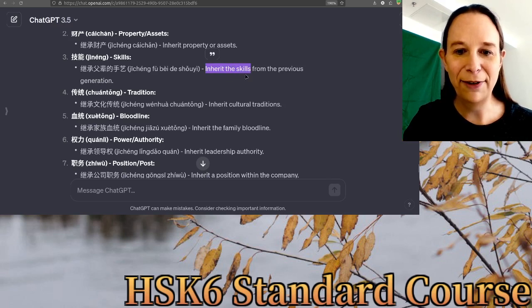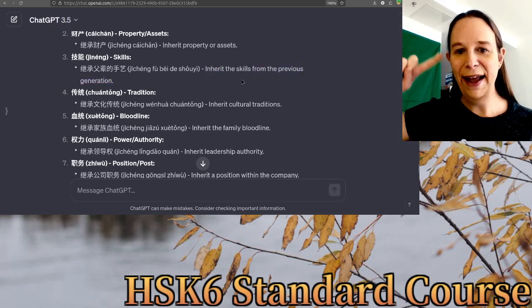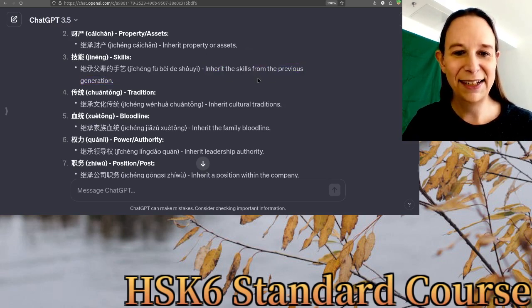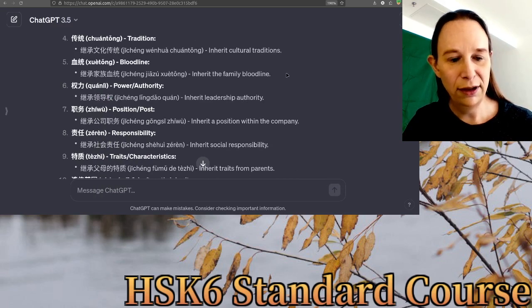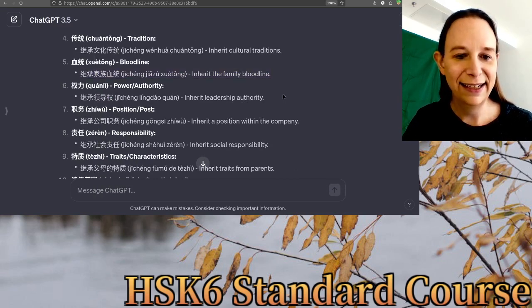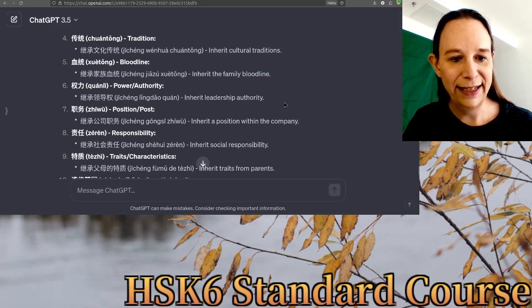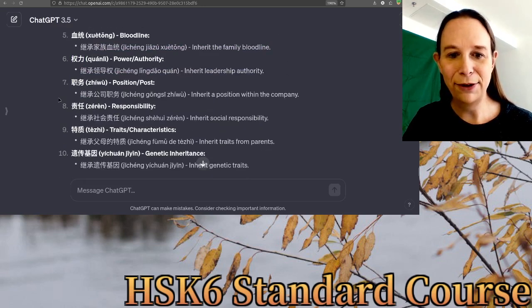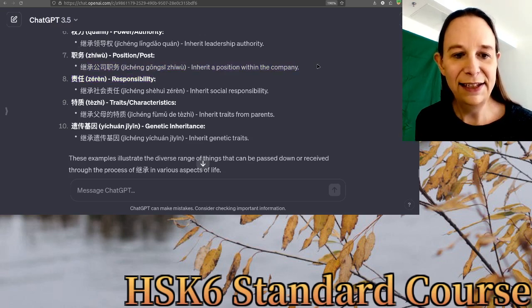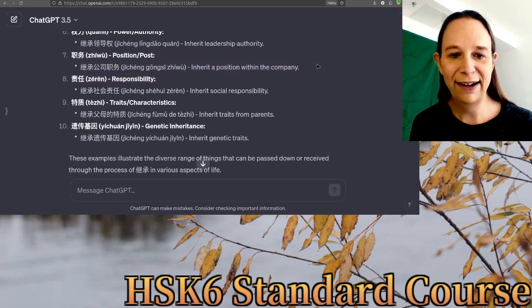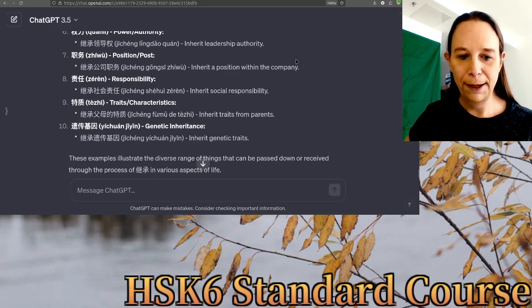This is used somewhat metaphorically. Presumably your ancestors, your previous generations have actually taught you those skills. 继承传统. 继承血统, bloodline. 继承权利, inherit authority, maybe in dynasties. 继承公司职务, inherit a position within the company. 继承责任, 继承特质.